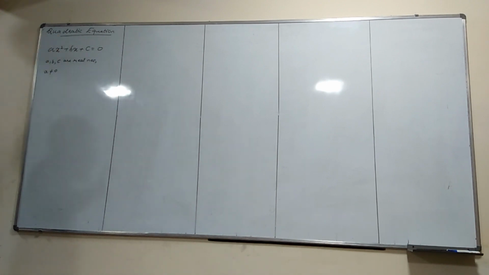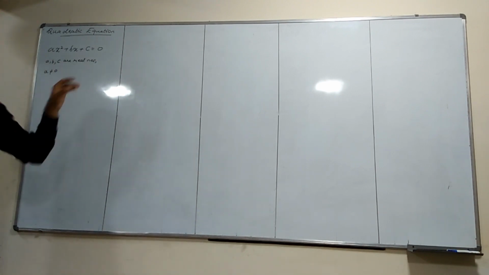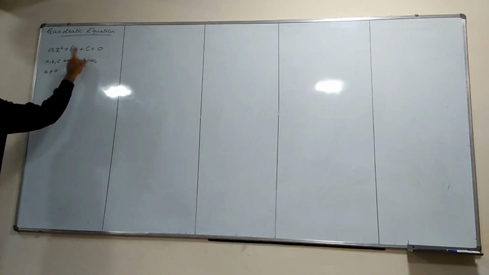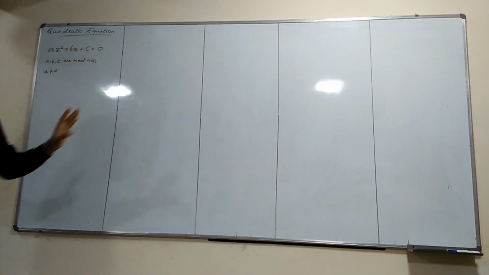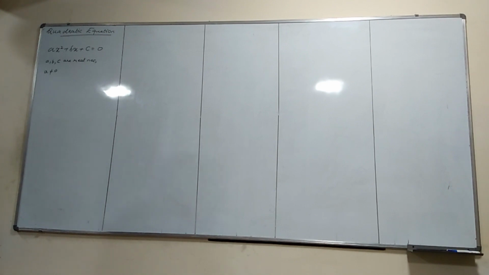It gets converted into a linear equation, and such an equation is never called a quadratic. So the coefficient of x square, that is a, should not be equal to 0. b and c can take the value 0, but a cannot. Clear? Okay, write down.